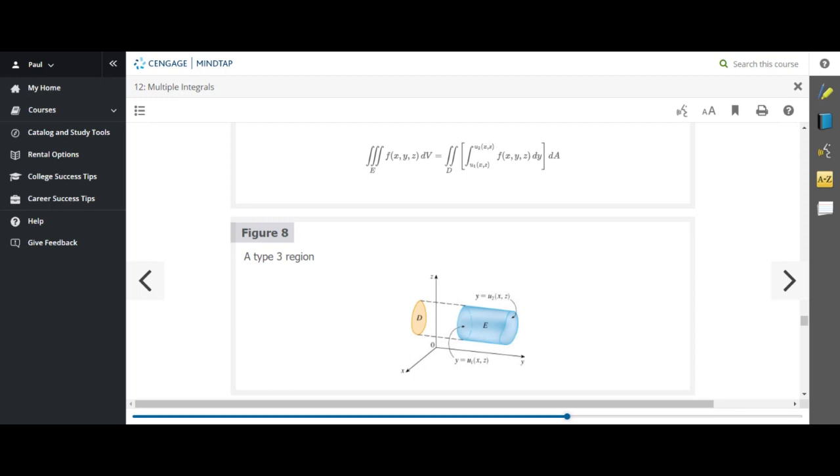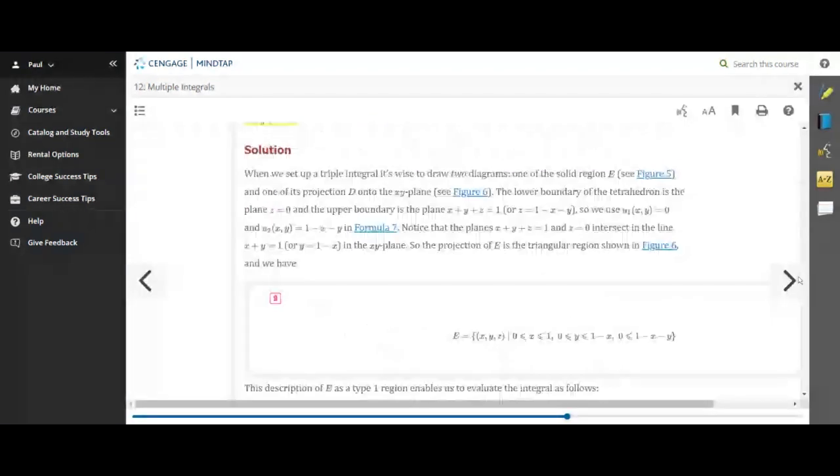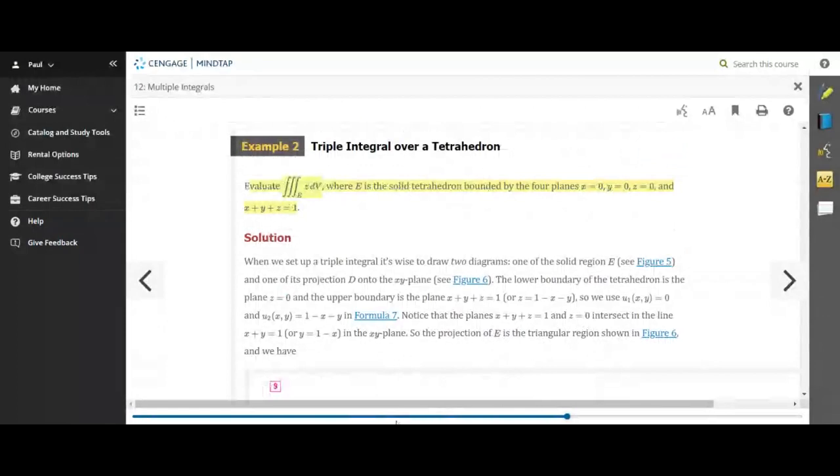Okay. Well, so let's start off with a very simple example. Example 2 in the textbook. Here they want you to evaluate the triple integral over the solid E of z dv, where E is the solid tetrahedron bounded by those 4 planes.